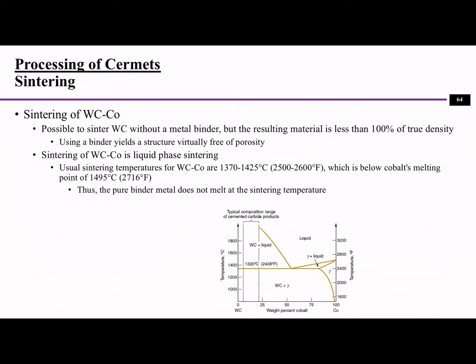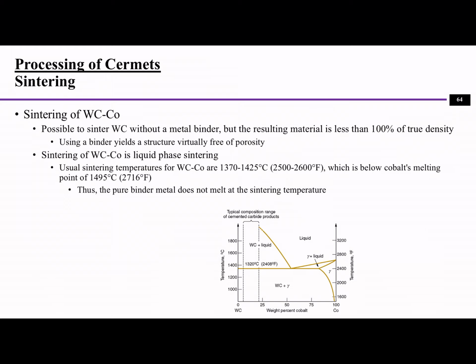The next is sintering of the cermets. You can see this graph. It shows a phase diagram of tungsten carbide and cobalt at different temperatures.